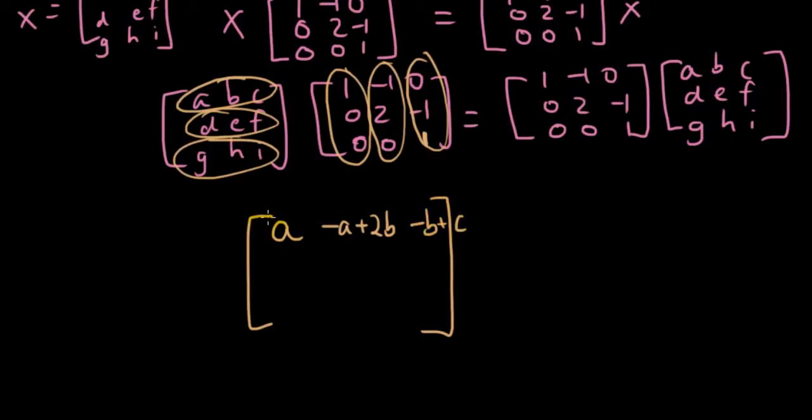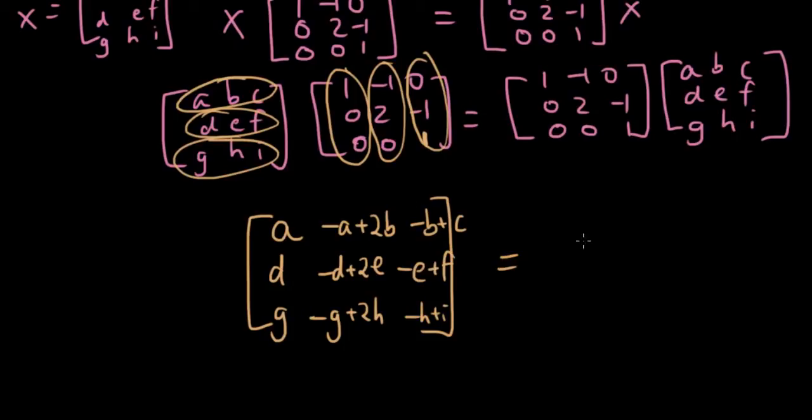Okay, and then I'm going to do the second row, d, and then d times negative 1, so negative d plus 2e, and then second row third column, so negative e plus f, and then third row first column is g, and then negative g plus 2h, and negative h plus I.